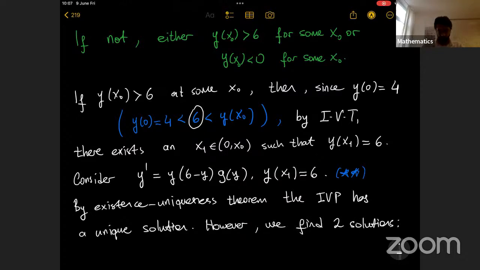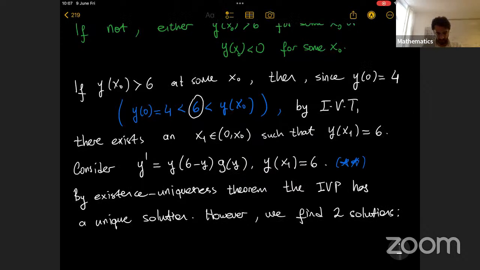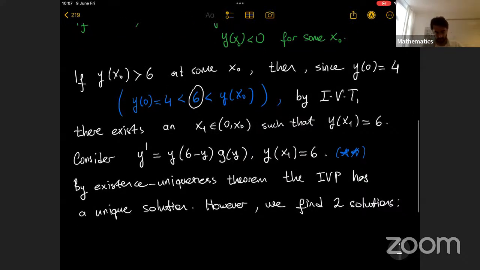Bir tanesi yukarıda söylediğimiz y of x fonksiyonu, diğeri de sabit fonksiyon y is equal to 6. 6'yı yerine koyarsanız gerçekten bu denklemi sağlıyor, çünkü sağ taraf 0 oluyor, türevi de 0.